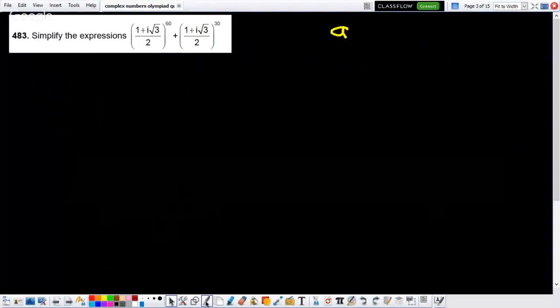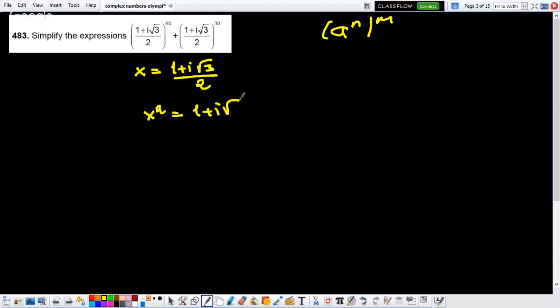Now, I said a to the power of n to the power of m I'm going to get. Before starting, if this is equal to x, then x is 1 plus i root 3 over 2, and I'm going to find x square, which is equal to (1 plus i root 3 over 2) to the power of 2.